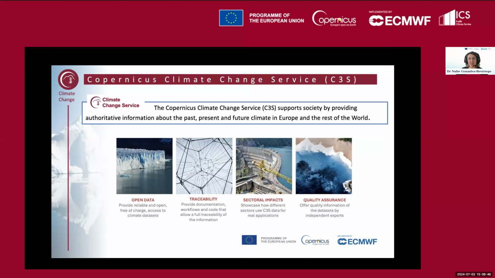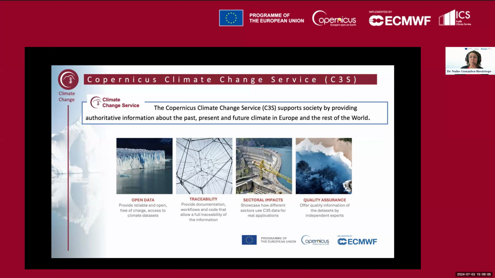All the information that we provide at C3S is fully traceable. This means that we provide documentation, the workflow, and the code behind all the information. But we are also working on sectorial applications, and I will explain more later about what we are doing for the energy sector in particular.